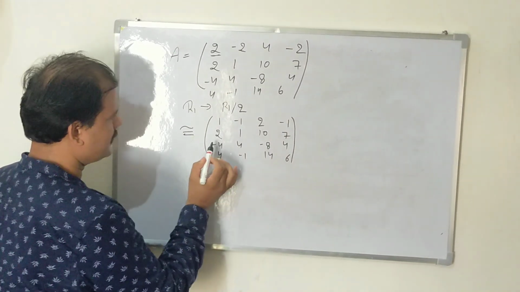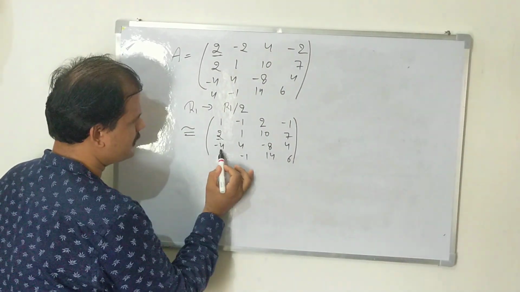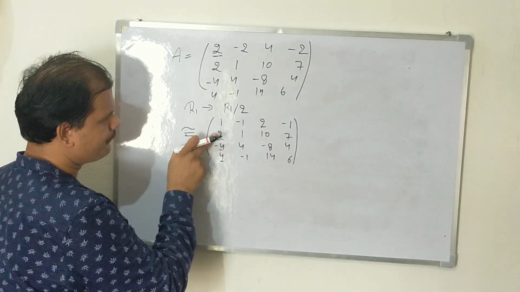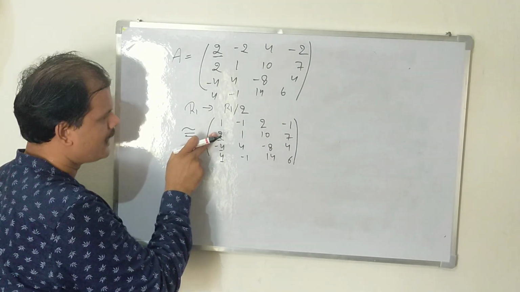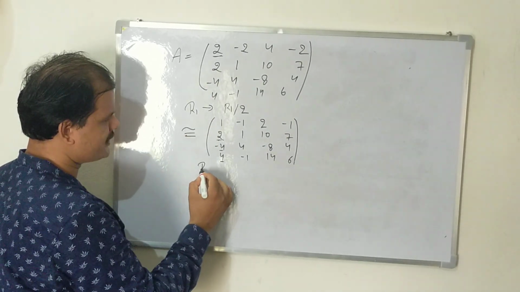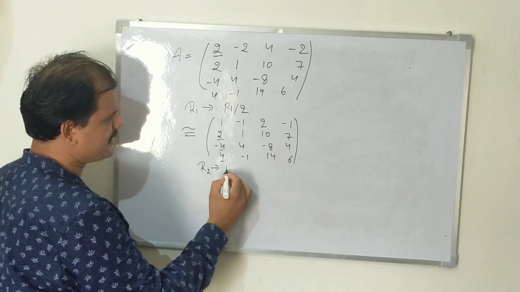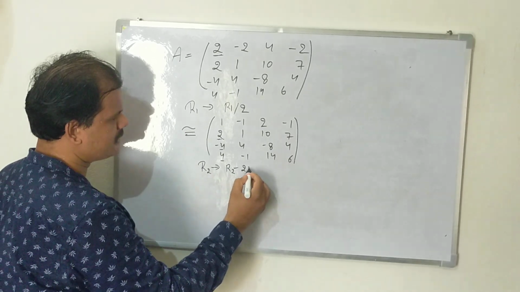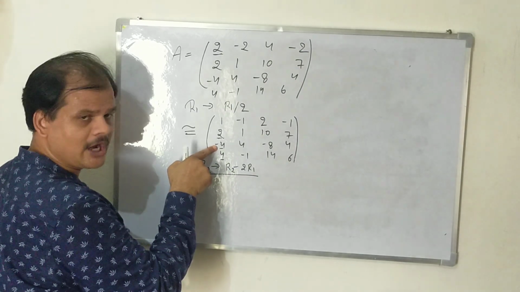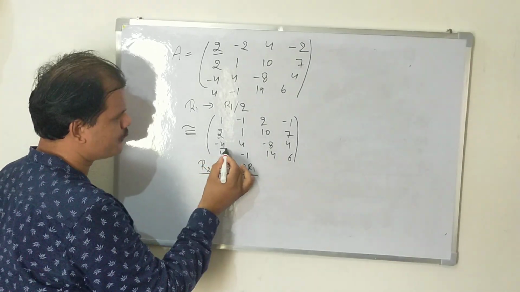Now let us make this element, this element, this element 0. So for this 2, R2 is replaced by R2 minus 2R1. Now for R3 you have to make this minus 4 into 0.